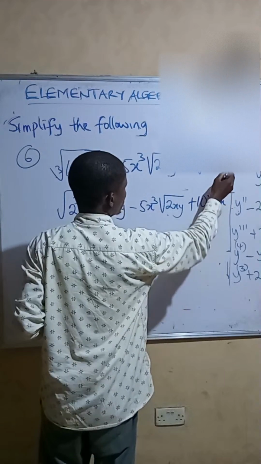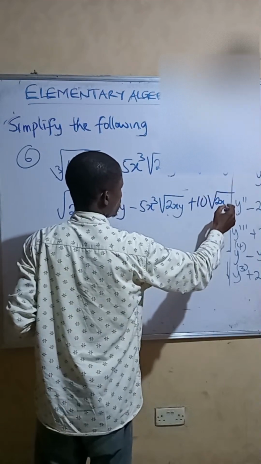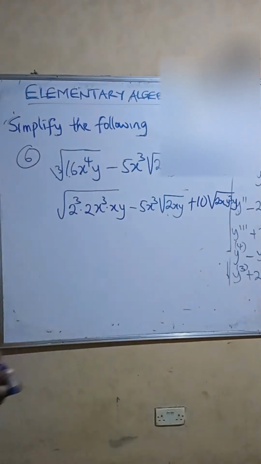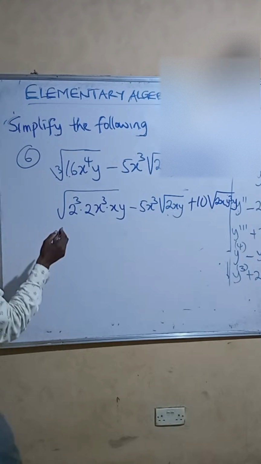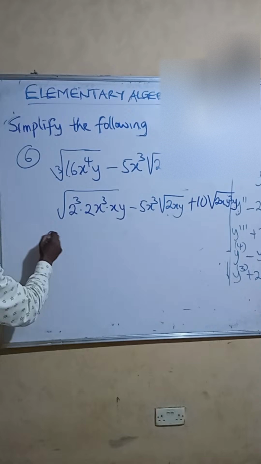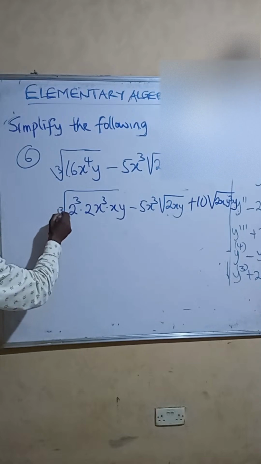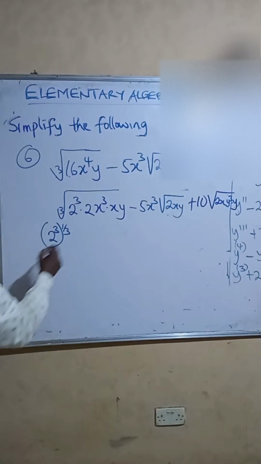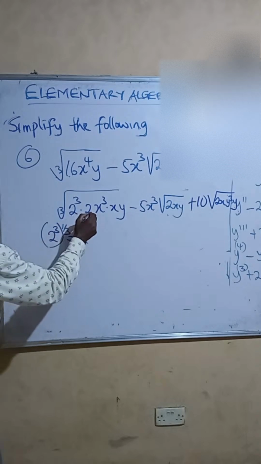2x. This y4 break into 2. y3 times y. Break into 2 parts. So now we're having this one, 2 to power 3 cube roots. That will give you what? That will give us 2 for that place. So 2 times 2 here.